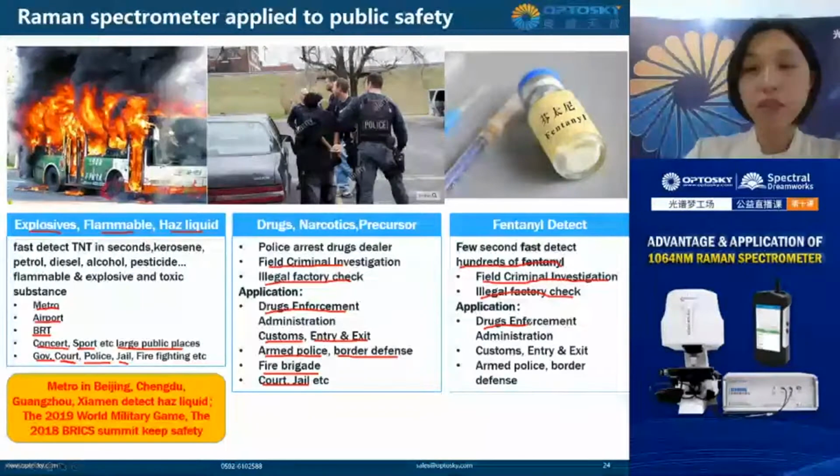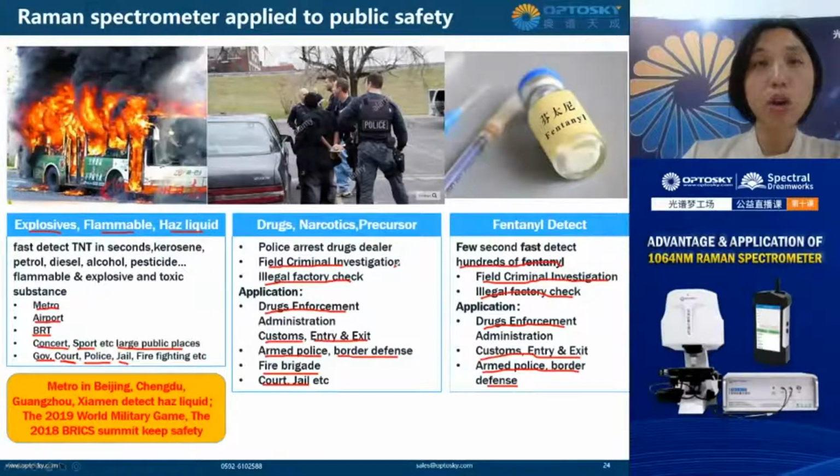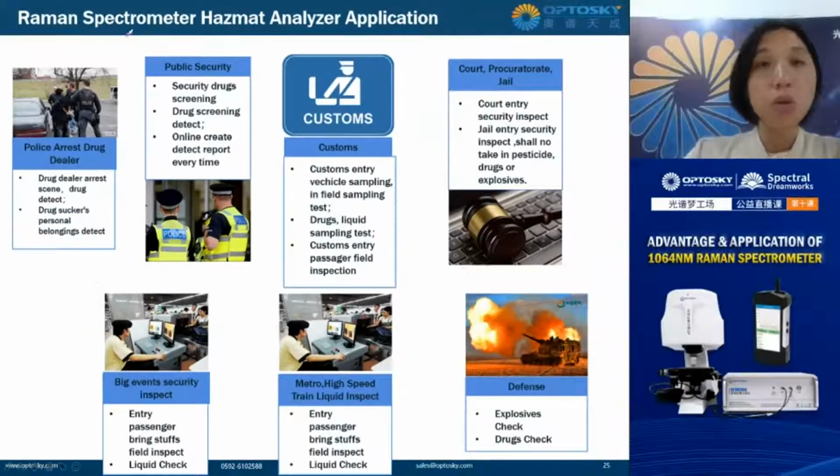It can support drug enforcement, customs entry and exit, armed police and border defense. All these industries can apply the 1064 nanometers Raman spectrometer.